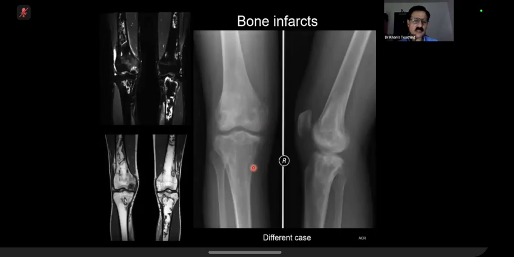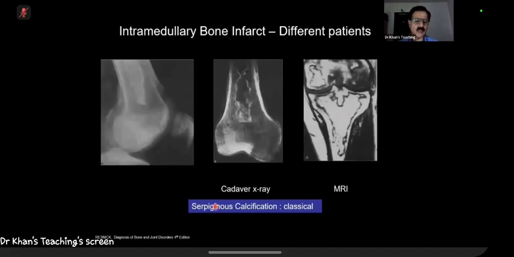Now, you should have a clear-cut idea about the shape of this calcification, because that per se becomes an exam case. So before I come to the calcification, see the MR. And on MR, you can see these bone infarcts which are extending into the metaphysis and diaphysis. And the calcification usually is at the edge of the infarct, giving you this serpiginous type of calcification.